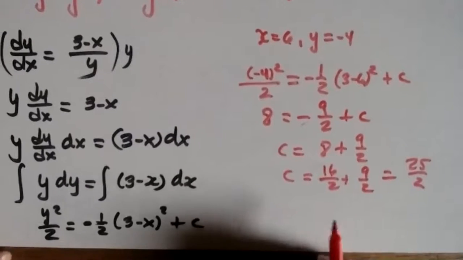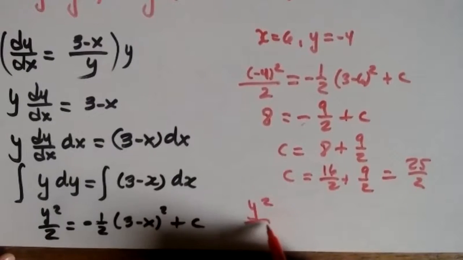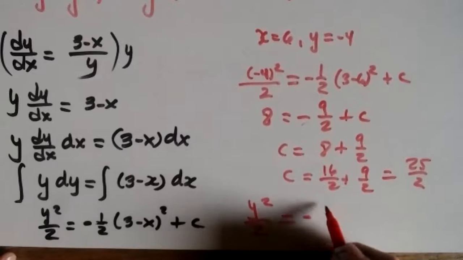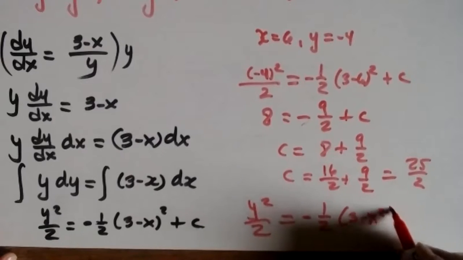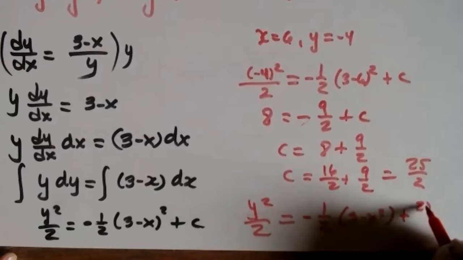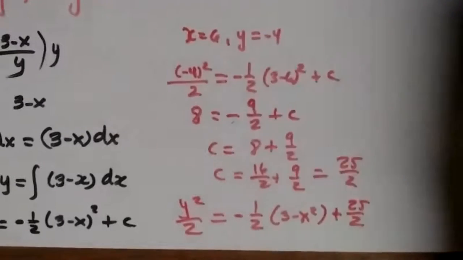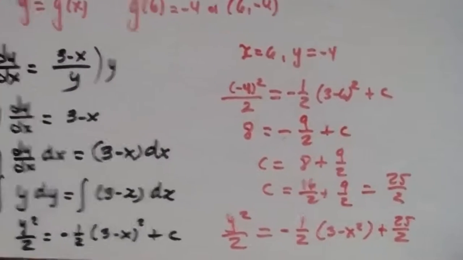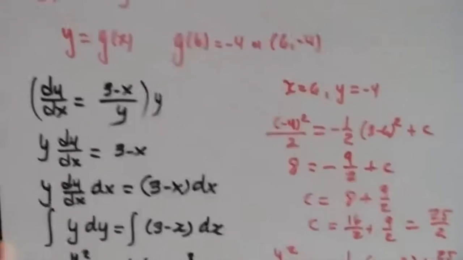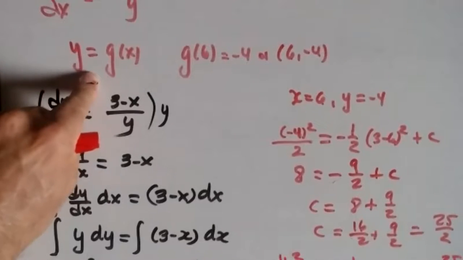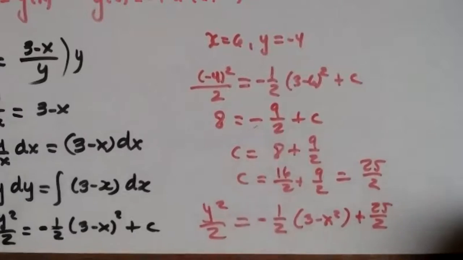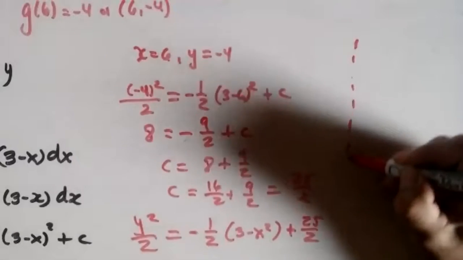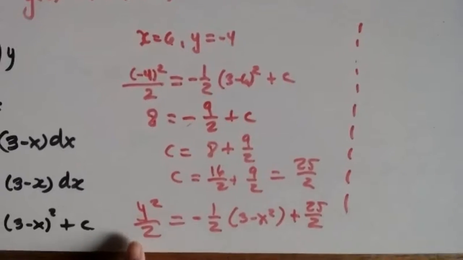So my solution is going to be y squared divided by 2 equals -1/2 (3 minus x) squared plus 25 over 2. Okay? Now, are you done? No, because you need to give y equals. This is y squared, so I have to continue with my algebra. So I'm going to solve for y.